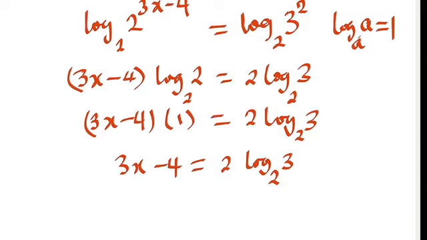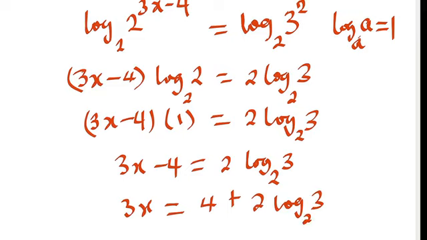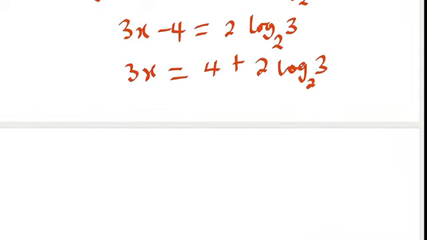Then we are going to transpose this 4 to the other side of the equation. We're going to have 3x equals 4, because it will change to positive, plus 2 log base 2 of 3.